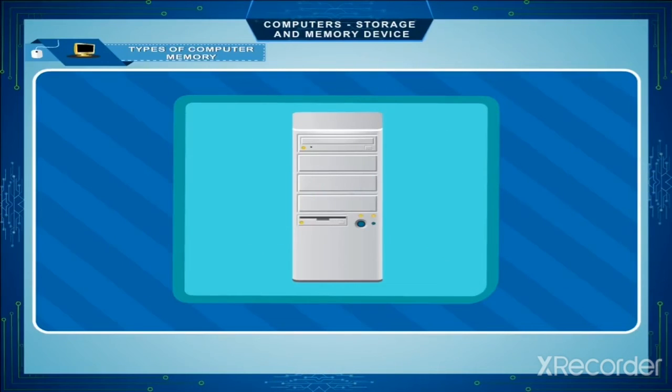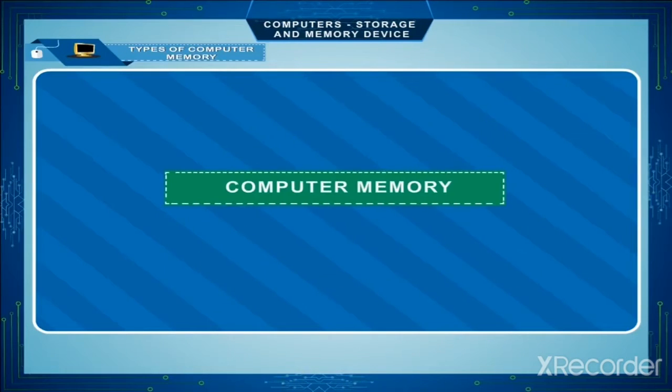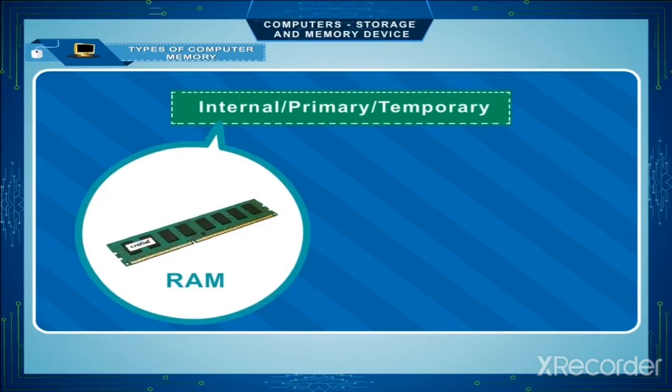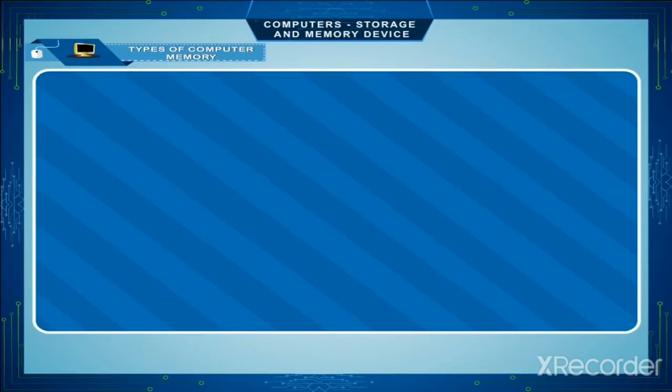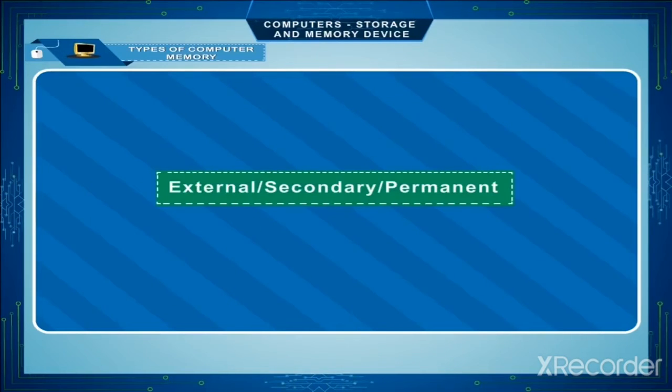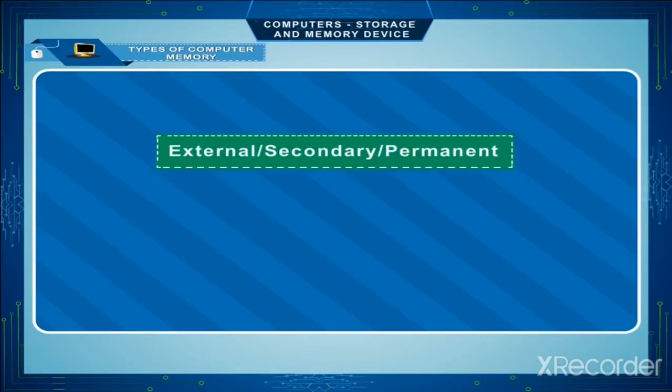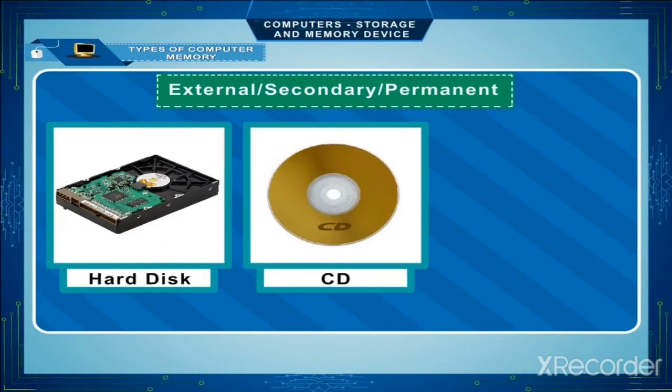The storage devices are the secondary memory that store a large amount of data and software permanently. Computer memory: internal, primary, temporary: RAM, ROM. External, secondary, permanent: hard disk, CD, DVD.